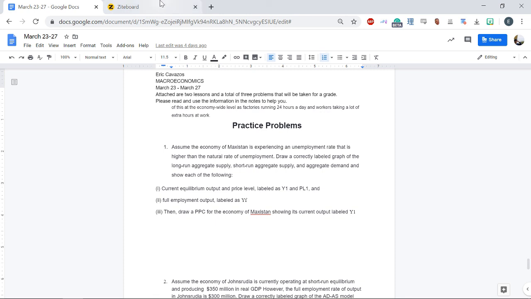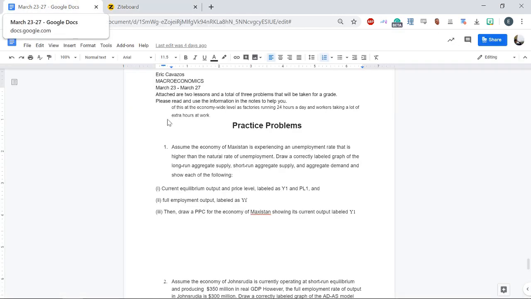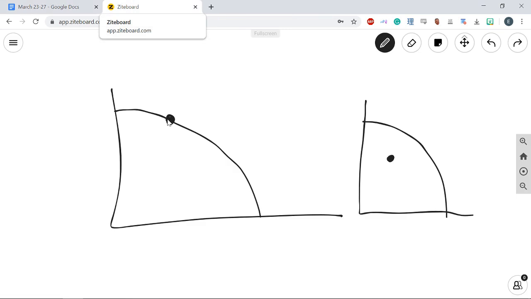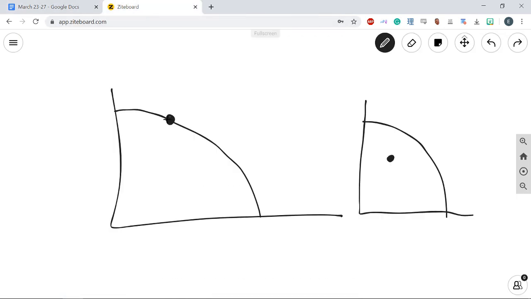If you say yes, we're using all our land, we're using all of our labor, you're going to be drawing a production possibilities curve that looks like this one. But if you say no, we're not fully utilizing, we're inefficient with our use of land or labor, then the PPC is going to look a little bit like this, and then it says to label it Y1. So you would be labeling that Y1. So there you go.